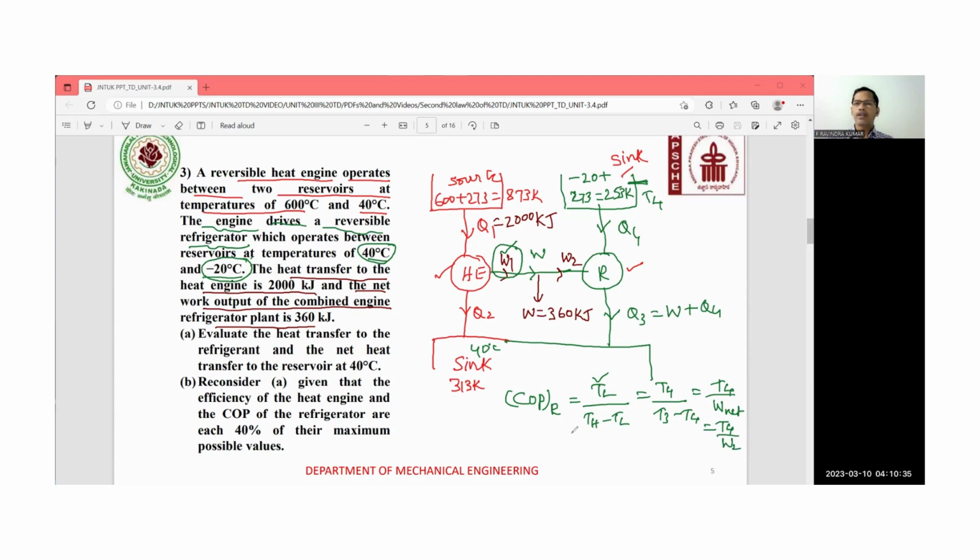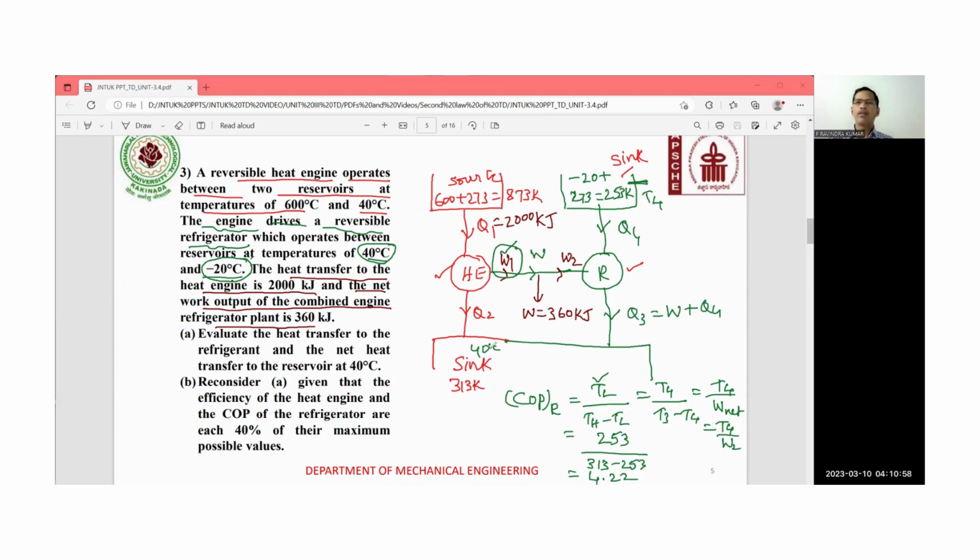Then the coefficient of performance: TL is 253 divided by 313 minus 253. So the COP you will get is 4.22.